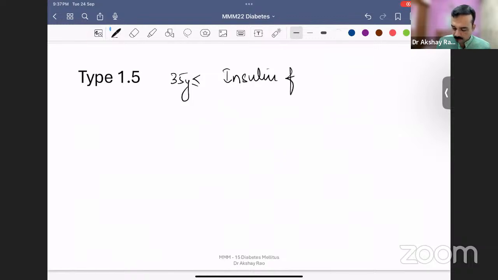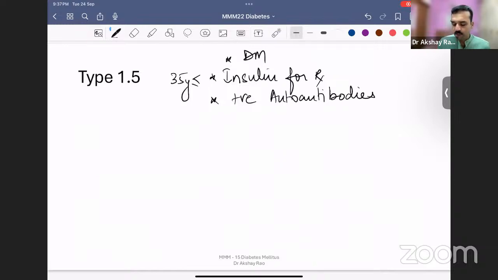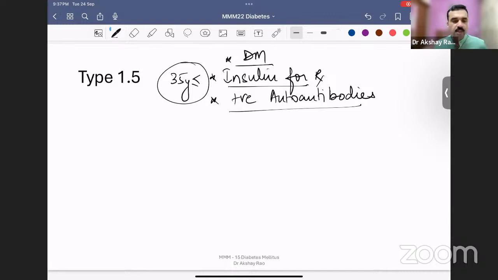So diabetes mellitus, insulin for treatment, and they have positive autoantibodies, which means positive GAD65, positive ICA 512, positive zinc transporter 8. So they are positive for autoantibodies, require insulin for treatment, diagnosed with diabetes mellitus, but their age is 35 years and above.